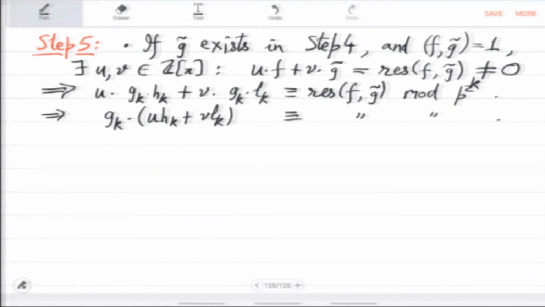So you get this. RHS I have not changed, LHS we see that GK divides.